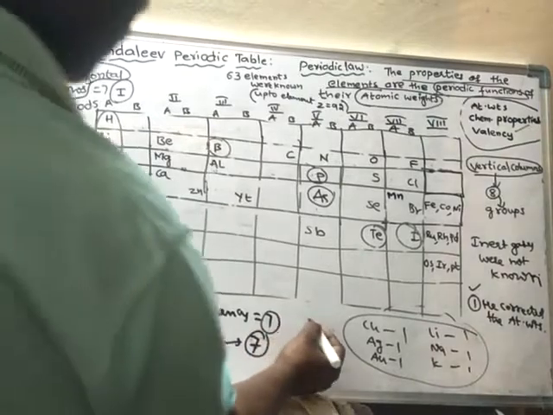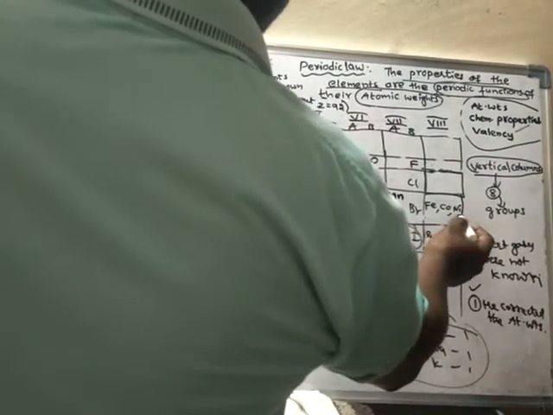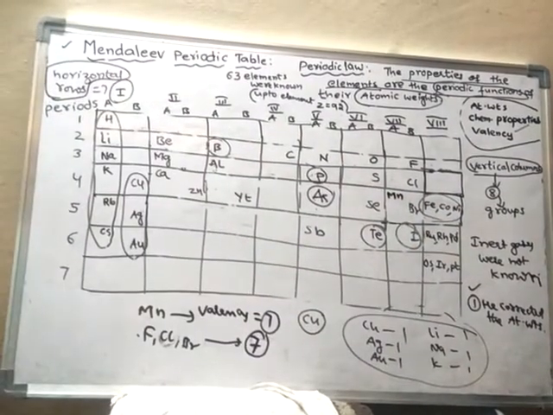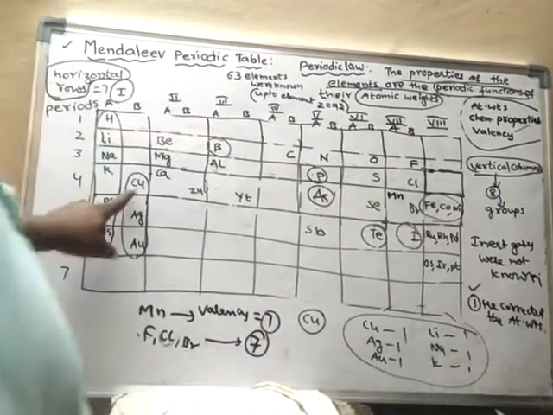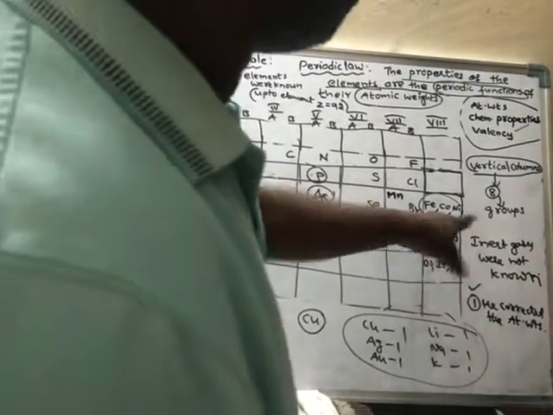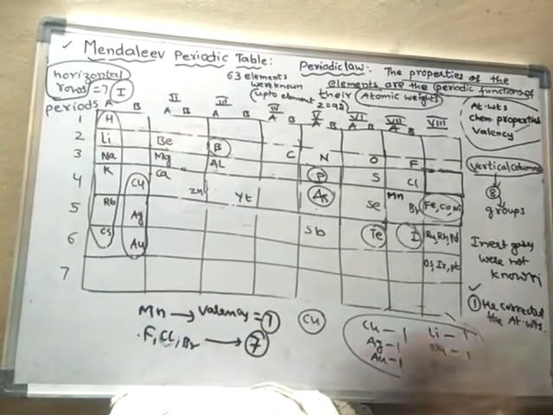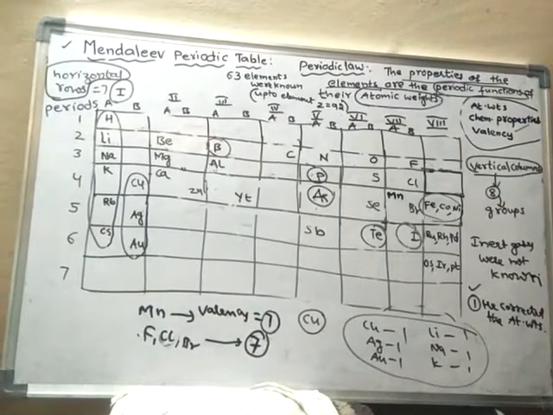See, copper shows somewhat similar properties with these group members, but copper was placed here and these elements were placed here. That means elements which show some similar properties were separated away from each other. That is also one of the mistakes in the Mendeleev periodic table.